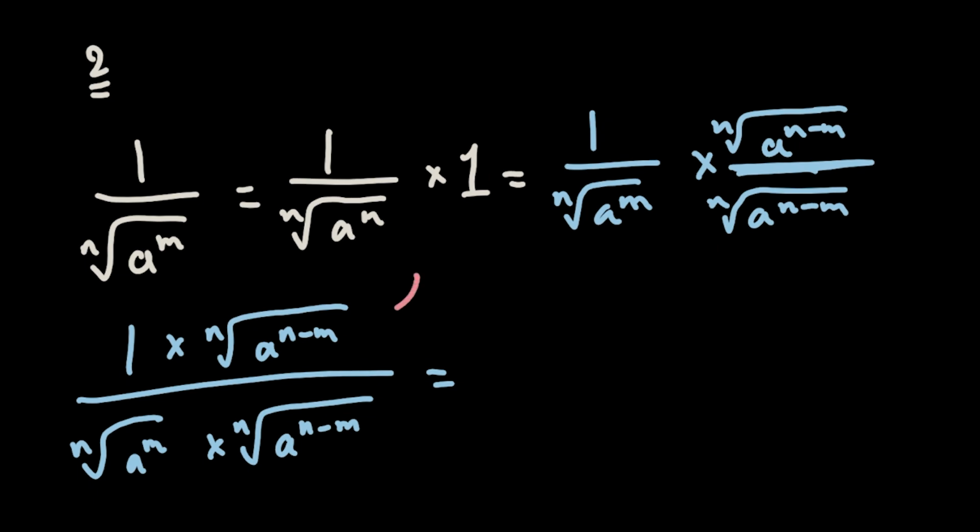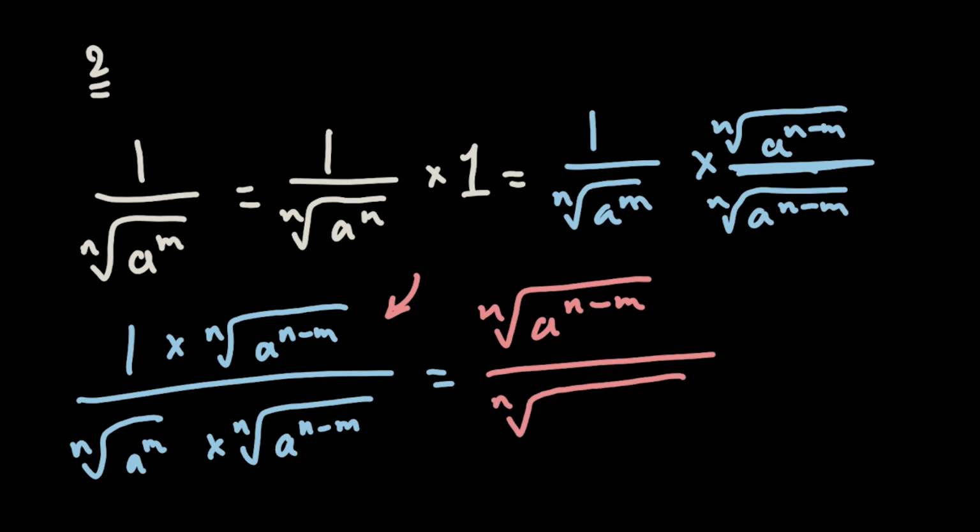So here we'll have nothing but the root because it's multiplied by 1. So we'll have a to the power n minus m. And in the denominator we will have the nth root of a to the power m multiplied by a to the power n minus m.